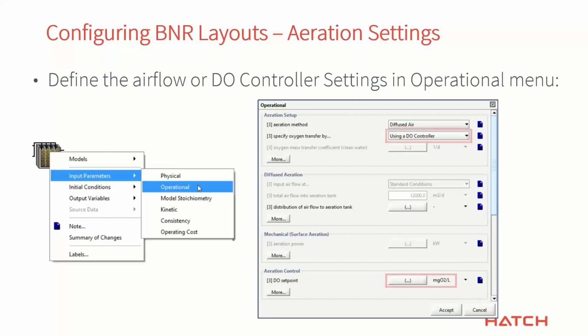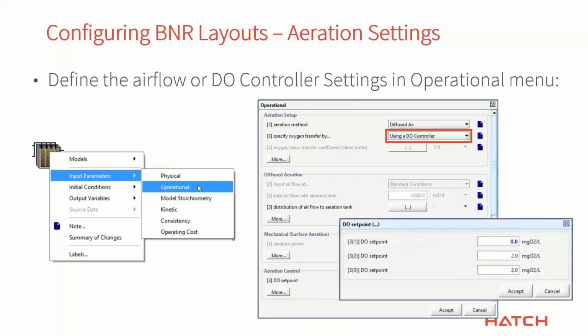The most important thing to look at is whether you're using a DO controller or not. By default, it will be set to DO control, so the controller will be on. Then you can go to that button down there at the bottom, and you can set the DO set points as needed here. So this, for example, has an anoxic zone at the front, followed by 2 aerobic zones. So that's kind of the handy way to do it.